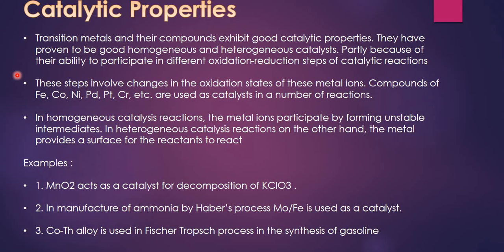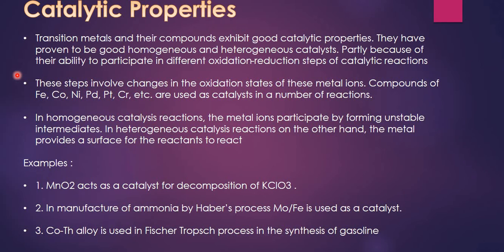There are metals like iron, cobalt, nickel, palladium, platinum, chromium and their compounds which are used in a number of reactions as catalysts. In homogeneous catalysis reaction, metal ions participate by forming an intermediate, or you can say unstable compound. And in heterogeneous catalysis, they provide a surface for one of the reactants to react.